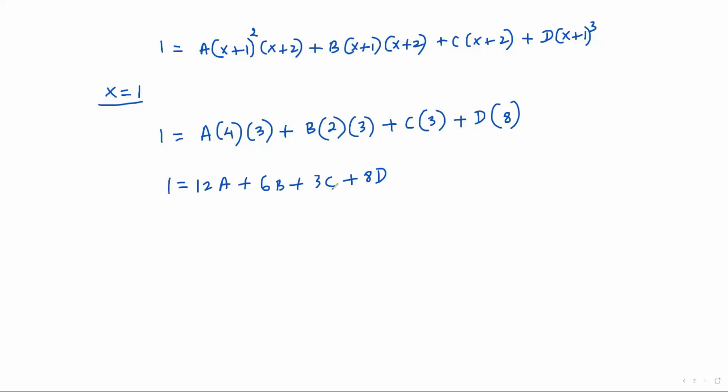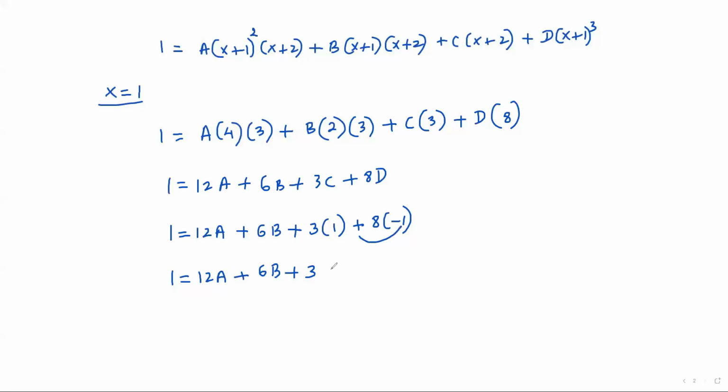Now I can substitute the values for C and D. C is equal to 1 and D is equal to -1. Already we got these two values. So 1 is equal to 12A positive 6B positive 3 times, for C we plug in 1 and for D we plug in -1. So 1 is equal to 12A positive 6B positive 3. Positive times -1 will become negative, 8 times 1 is 8.